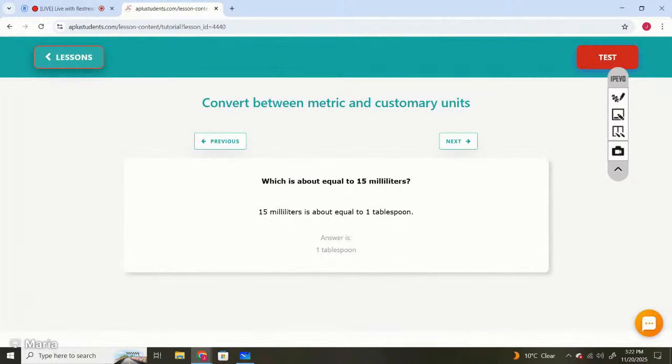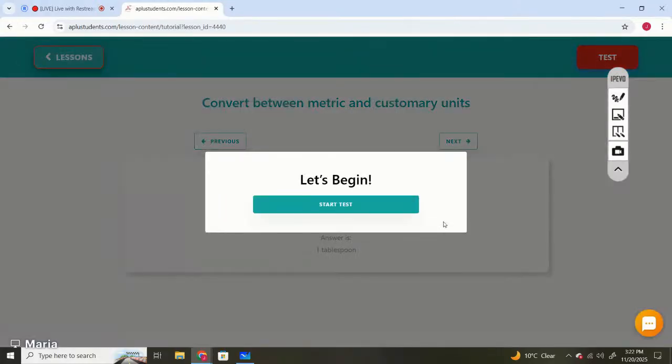So you are given the options. You need to see which one is equal. So 15 milliliters is about equal to 1 tablespoon. So that is 1 tablespoon. Let's just start with the test questions.